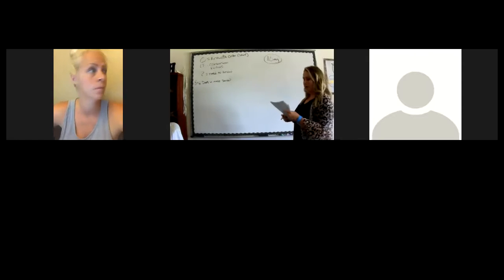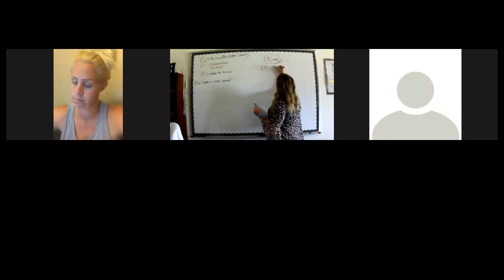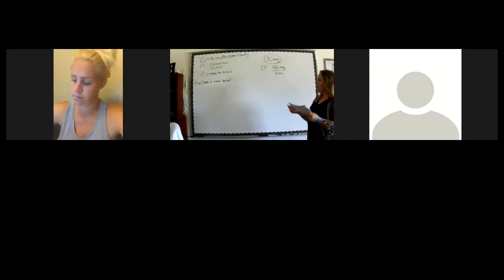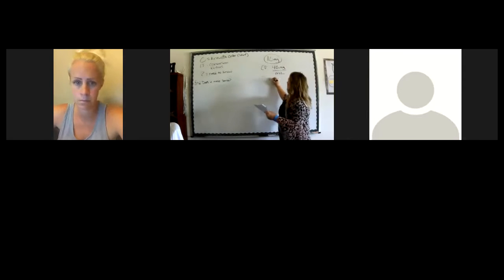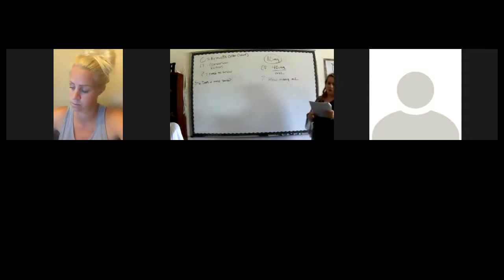The conversion factor is given to me. It says that there are 40 milligrams in 1 mil. The question at the end is, how many mils? We always start with what we know.